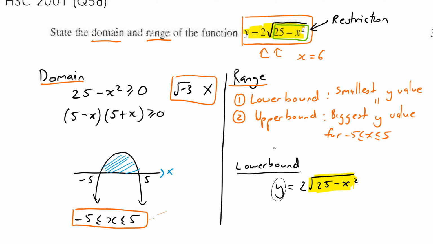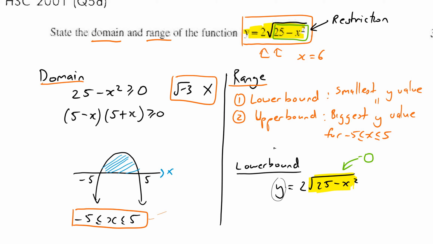There's no x value that you can put in here that'll give me some negative number, because square roots are always positive, and 2 times a positive number is always going to be positive as well. So the smallest possibility is when this whole yellow thing is 0, and we can actually achieve that.